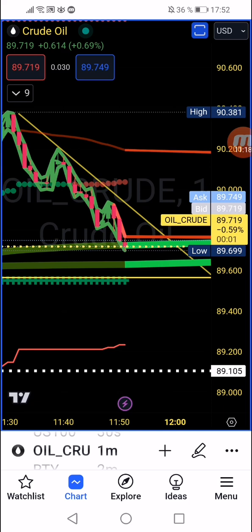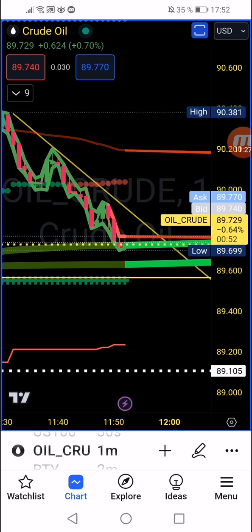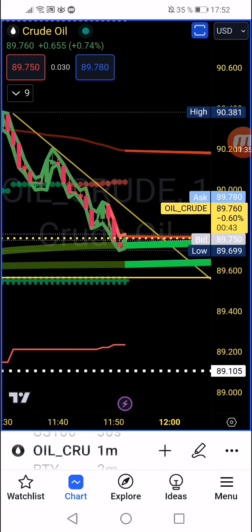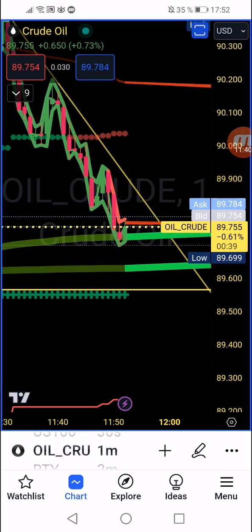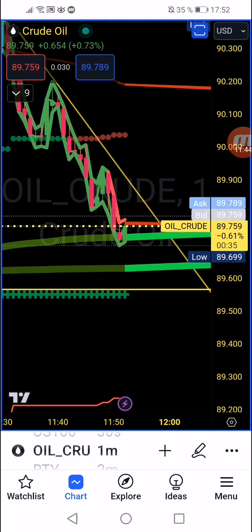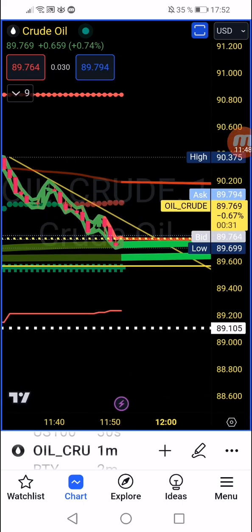If the market goes above the trend line, but the upper line is red, we don't do anything, all right? In this state, it means the uptrend is weak. If the market is going below 889 600 and both lines are red, then we sell. It means we are in a bearish trend.